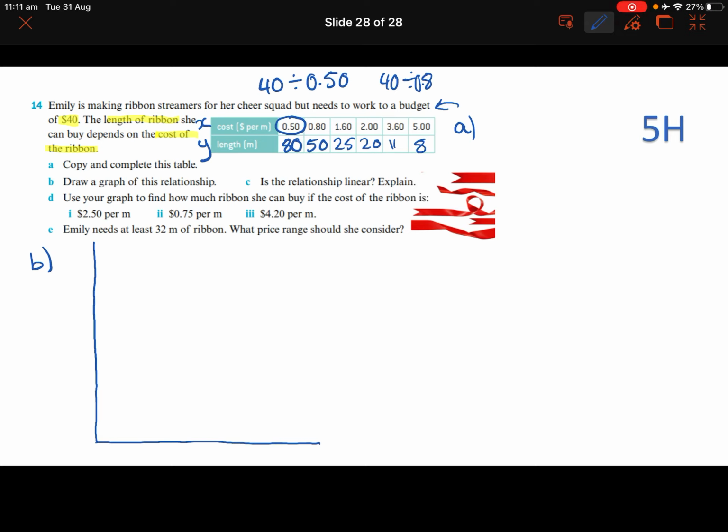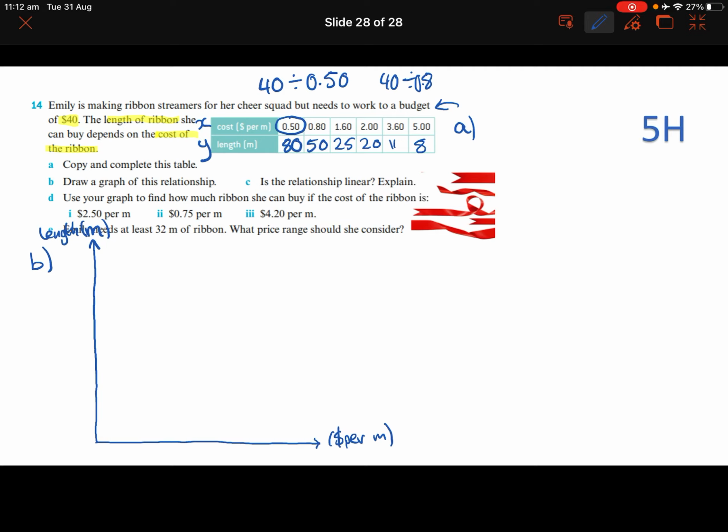We'll talk more about this another time when we look more at graphs. So anyway, we need to label our axes. This one would be M, meters, because it's length. Sorry, this is already looking messy. And then going along here is our cost, so it's dollars per meter along here.